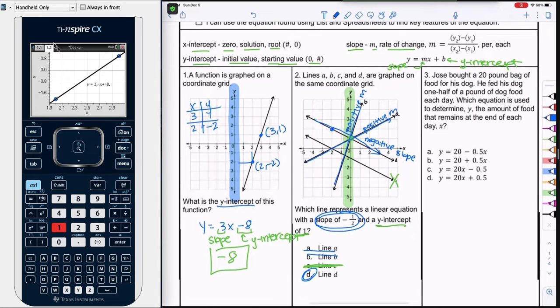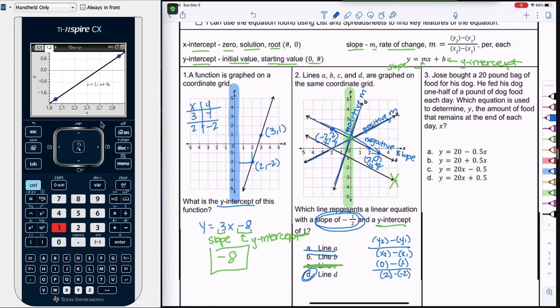So if you do -2, 2, and 2, 0, we have x1, y1, x2, y2. So you have y2 minus y1 over x2 minus x1. You have 0 minus 2 over 2 minus -2.